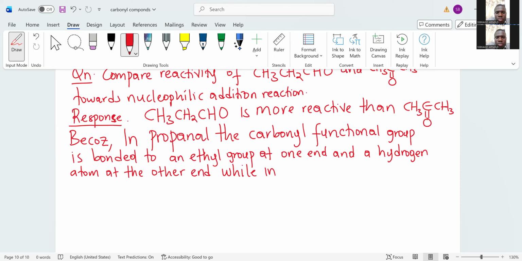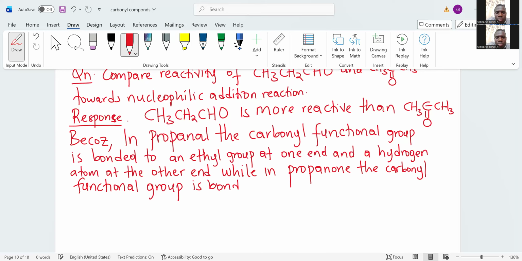Whereas in propanone, the carbonyl functional group is bonded to two methyl groups at either end. What do I mean?